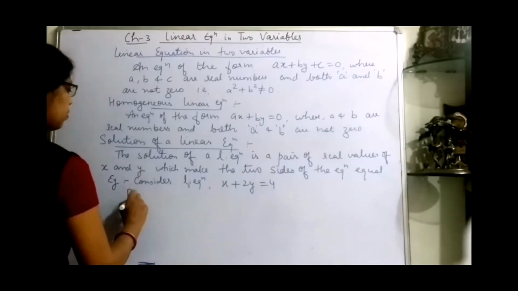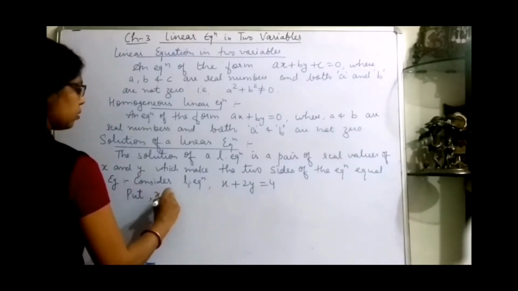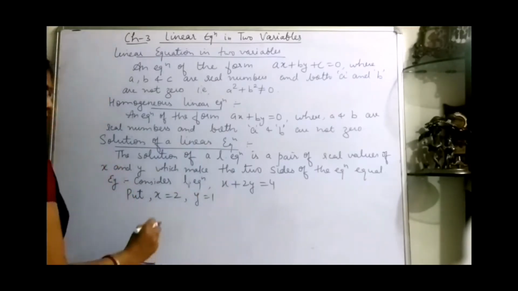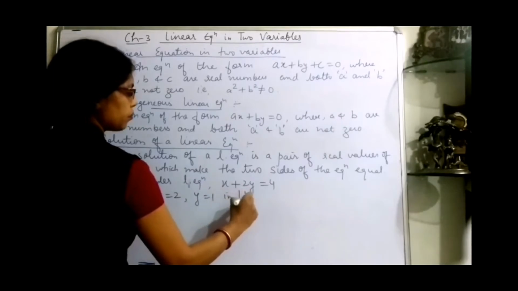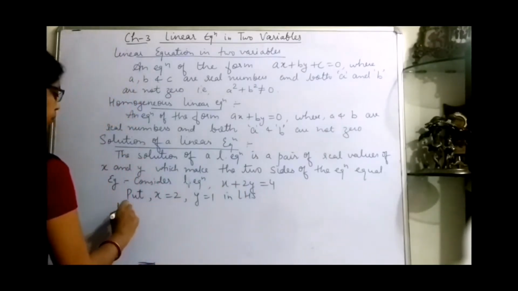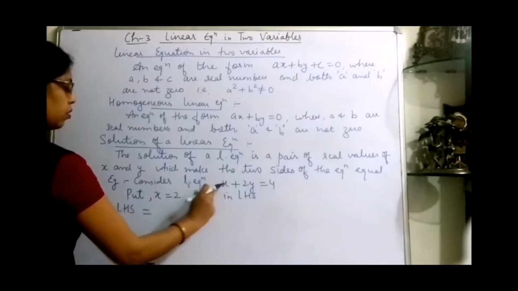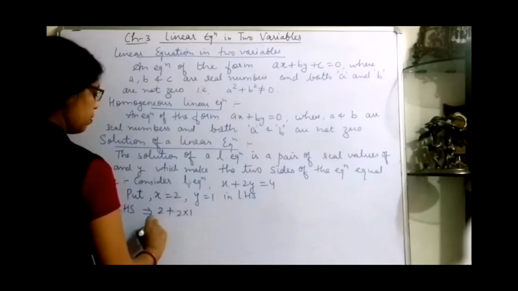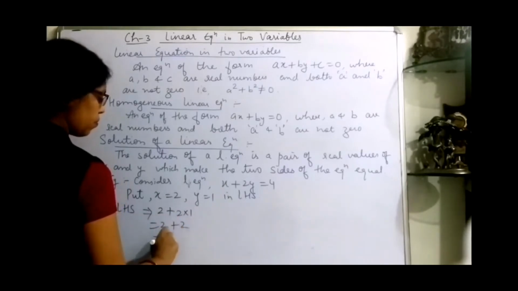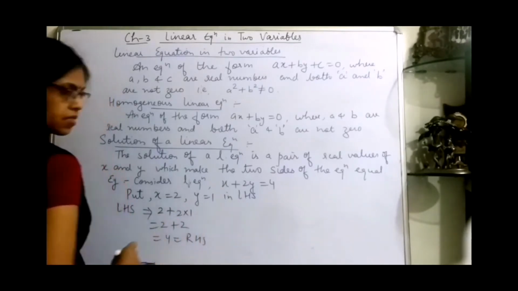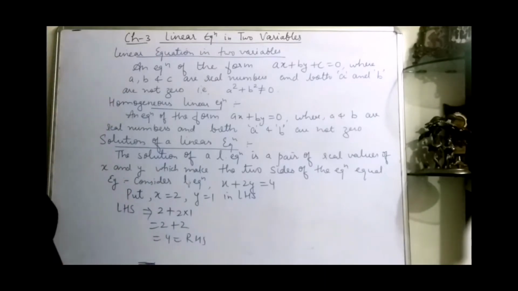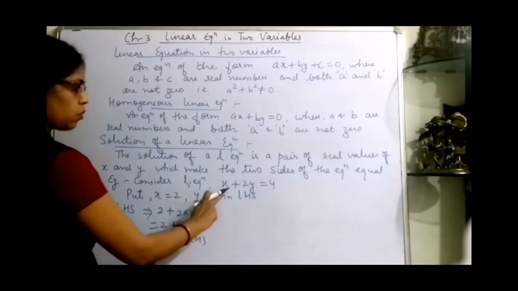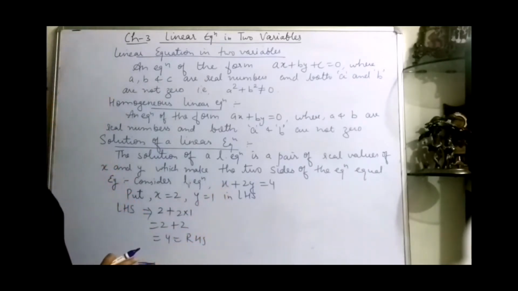If we put x is equal to 2 and y is equal to 1 in the left side, we get 2 plus 2 is equal to 4, that is the right side. So left side is equal to right side, so we can say x is equal to 2 and y is equal to 1 are the solution of this given linear equation in two variables.